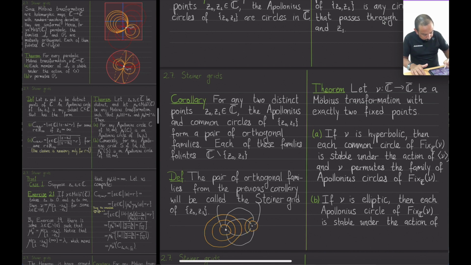So you have two families, each of which foliates C bar minus the 2 points, and they are orthogonal. The two families are orthogonal in the sense that any curve in one family is orthogonal to any curve in the other family. Okay, and this pair of families I'm going to refer to as the Steiner grid of the 2 points.